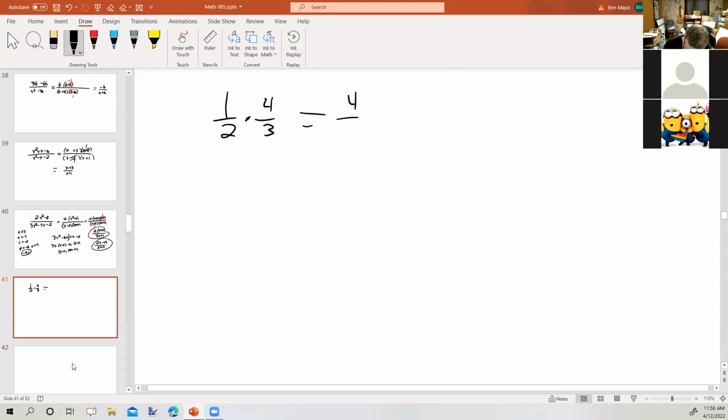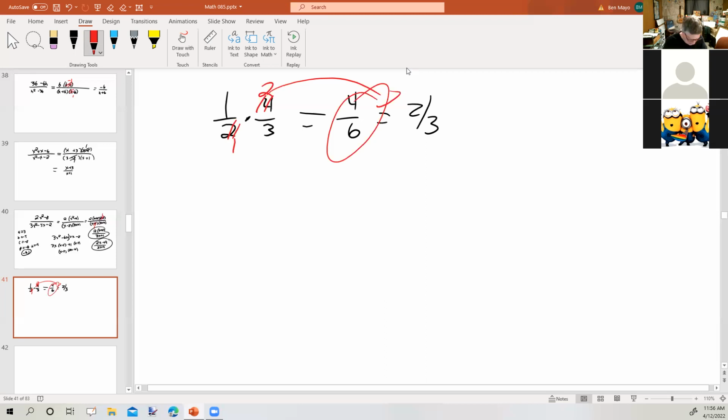One, you can multiply straight across the numerator and the denominator, and then take the results and reduce it down. Or you can, as we call it, pre-reduce and get to the answer. In arithmetic, it's not so bad if you don't pre-reduce, but in algebra, we definitely want to pre-reduce.